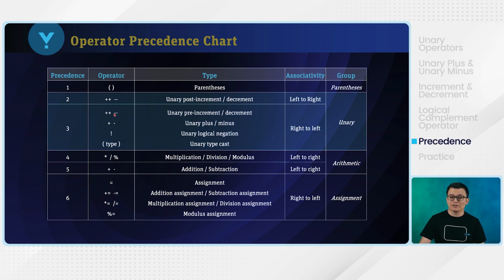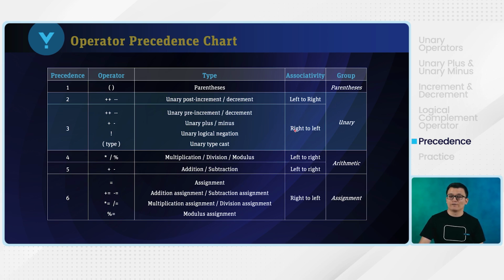And then at the third level, we have unary pre-increment and pre-decrements, unary plus, unary minus, unary logical negative, and unary logical complement. Those are the operators for the third level. And of course, the typecasting, the casting operator, is also at the third level. Also, the associativity of those operators is different at the third level.